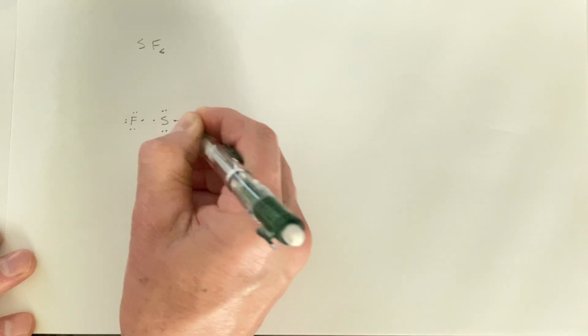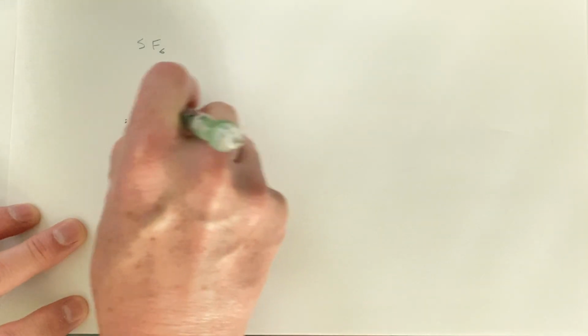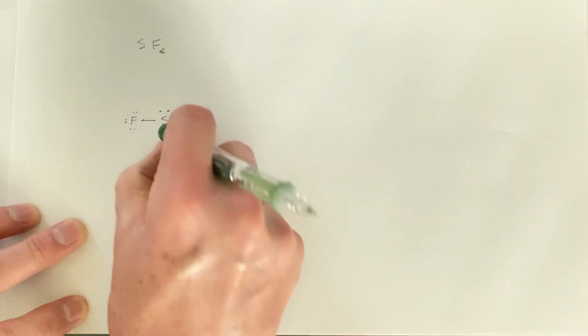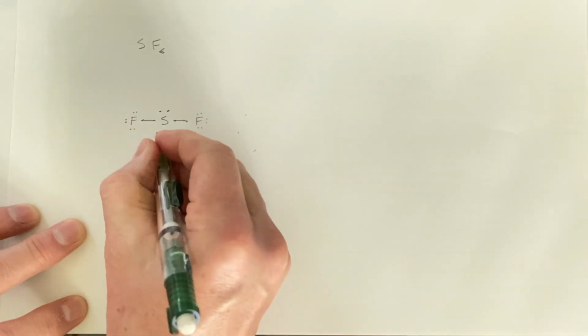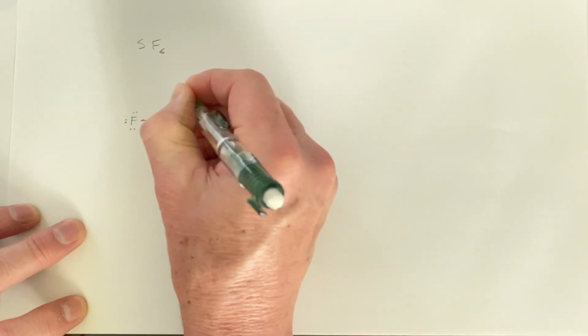We'll make bonds. And we will follow the same mantra that we did with PCl5. We see that there are 2 lone pairs of electrons on the sulfur atom. We will break these lone pairs up. Now we can bring in our other fluorine atoms.